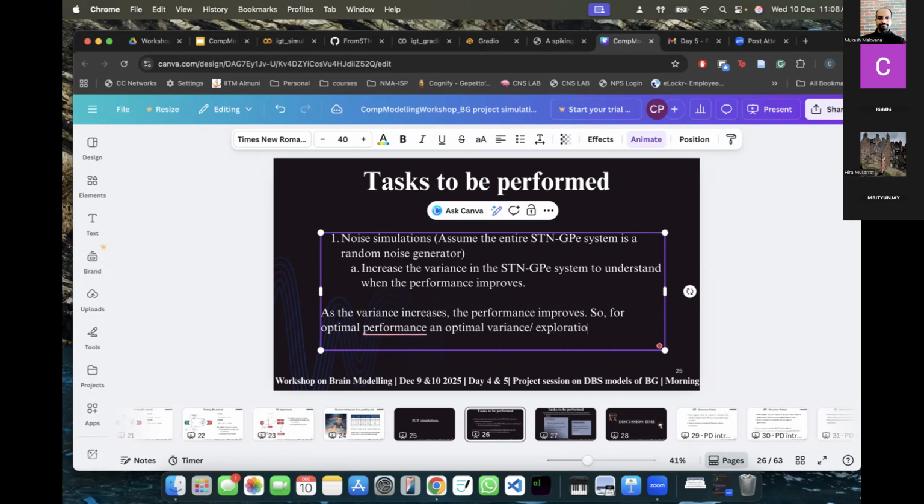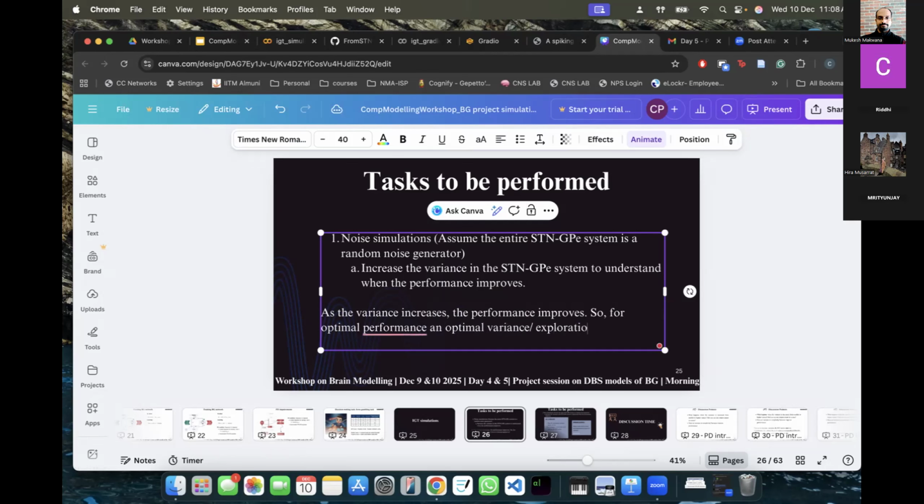And then what is the importance of the complexity of STN-GPE dynamics? For now, we are assuming the complexity is variance, but there are more measures for complexity, which we will see when we construct the STN-GPE network itself. And then we also did some experiments assuming that STN-GPE is a random noise generator, and then conducted simulations.